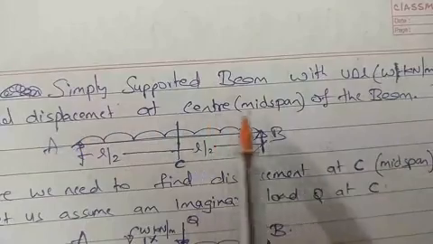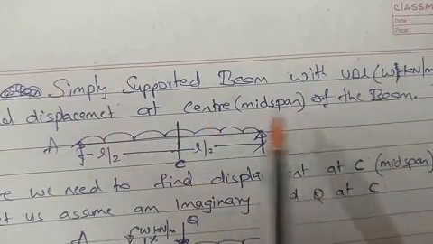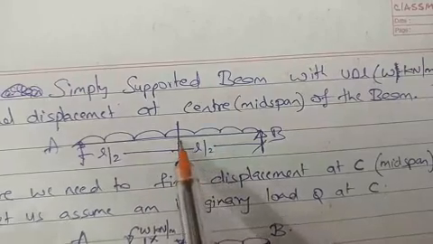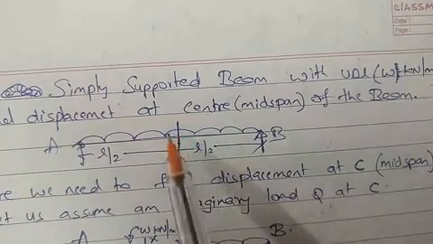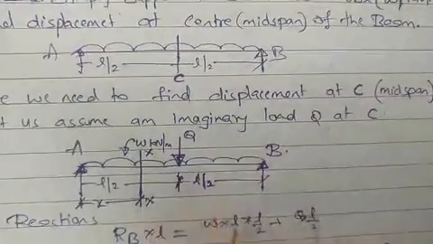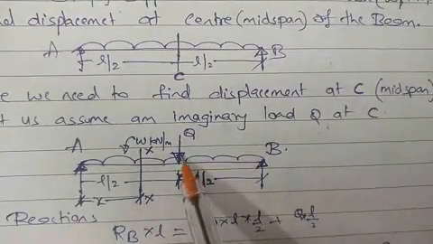Find displacement at the center, mid span of the beam. See here, this is the center. Same thing what we have done for cantilever. When there is no point load, we have to assume a point load Q.